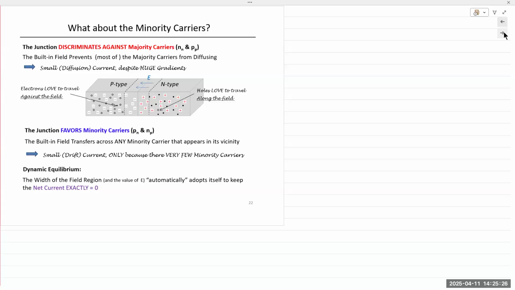We want the holes and electrons to cross the junction, to move through the device. Because if they are not crossing the junction, then there's no current flow through the device. If the electrons and holes are going in the opposite direction, going out of the device, there's no current flowing. So the whole goal is they should cross the junction and move through the device so that current flows.